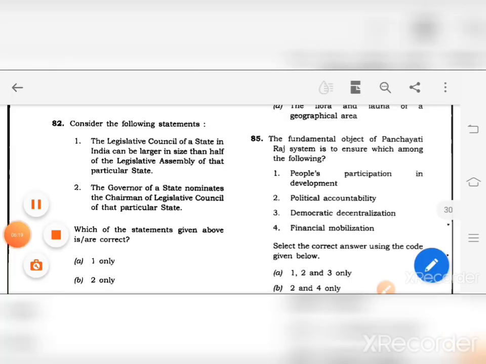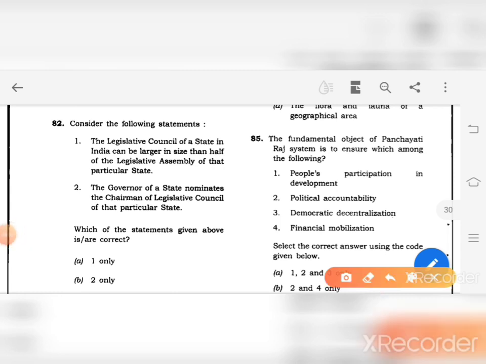Point A is wrong. Legislative Council cannot be larger than Legislative Assembly. So this point is wrong. So we have to see whether the second point is right or wrong. The governor of a state nominates.